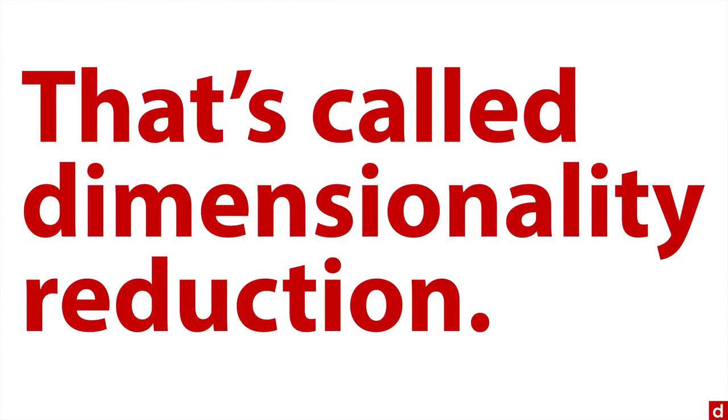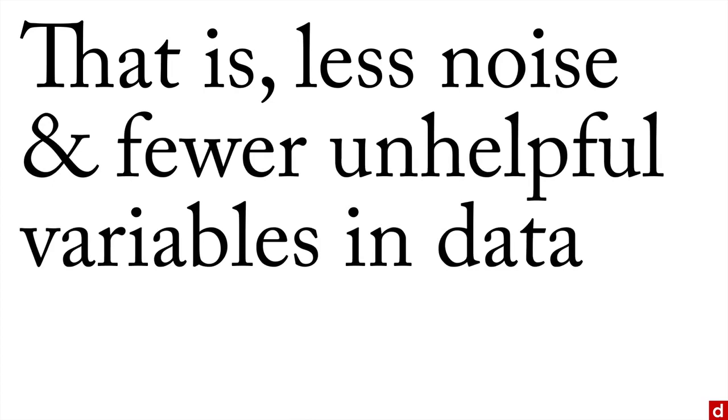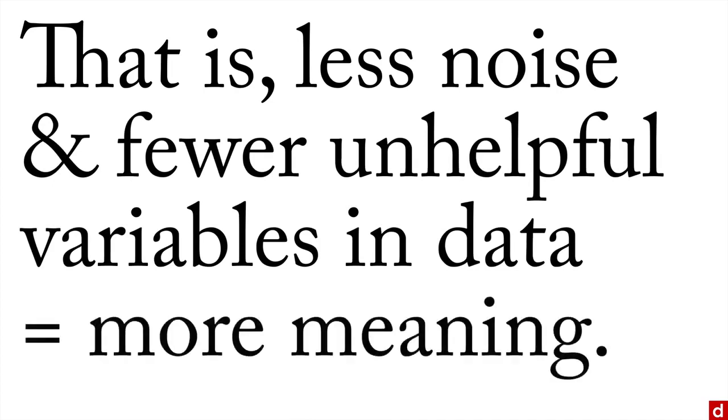You're trying to boil things down a little bit, and you can think about the saying, less is more, less equals more. More specifically, that is less noise and fewer unhelpful variables in your data set equal more meaning, because that's what you're trying to do. You're trying to extract meaning.